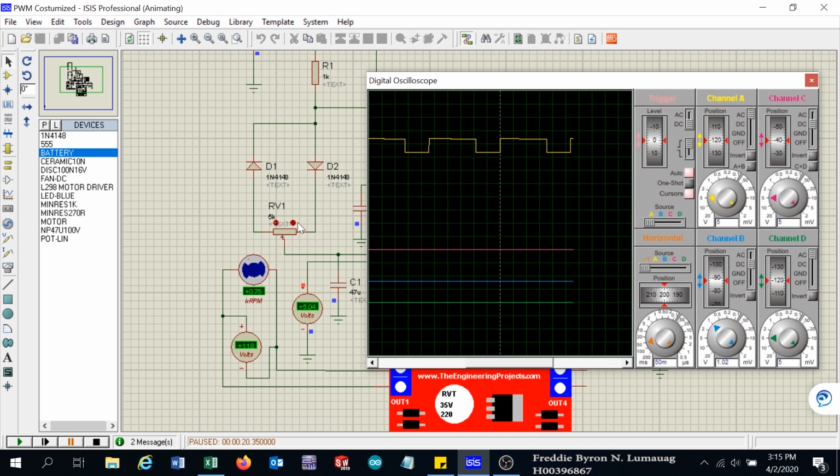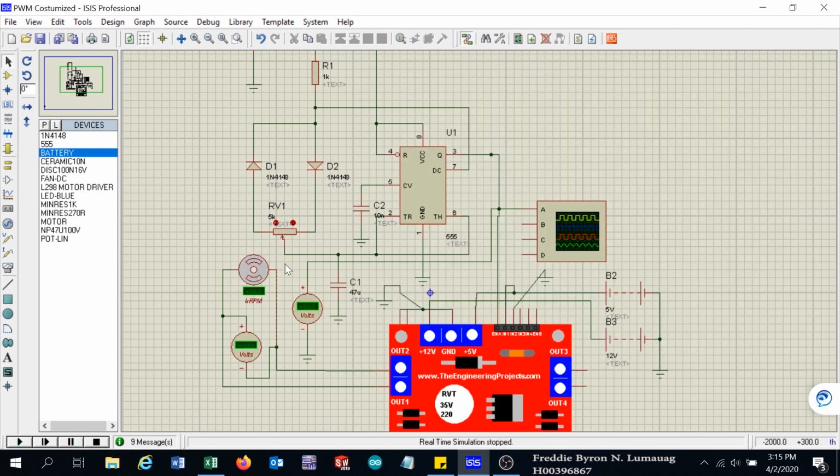We will now go back to the minimum value and see if the motor speed is increasing, and then we will plot it on our table. I will start the simulation.